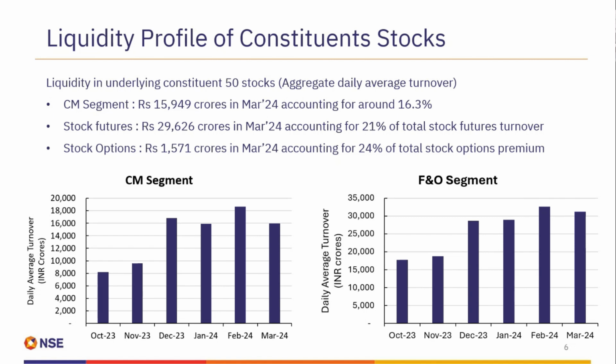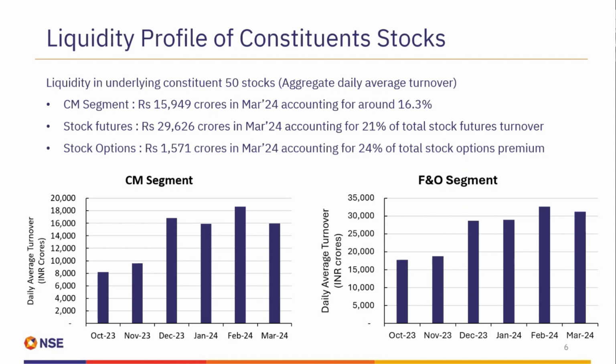During the same period, the constituent stocks' futures turnover is almost 30,000 crores, 29,626 to be precise, accounting for 21% of the stock futures turnover. In terms of stock options, the aggregate premium turnover of these stocks is about 1,571 crores daily average in March, which contributes almost 24% of our total stock options premium turnover.